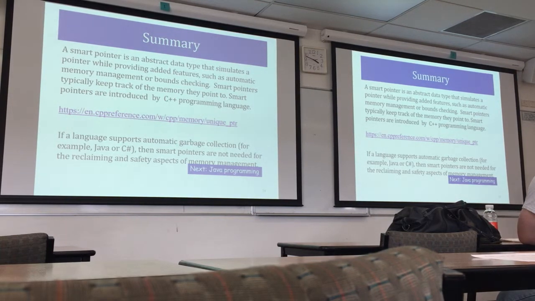After this, you might say, when should we use a unique pointer as compared to a shared pointer? A shared pointer does everything which a unique pointer does. So why would we use a unique pointer and not use a shared pointer? There are two reasons. One is a shared pointer comes with overhead.